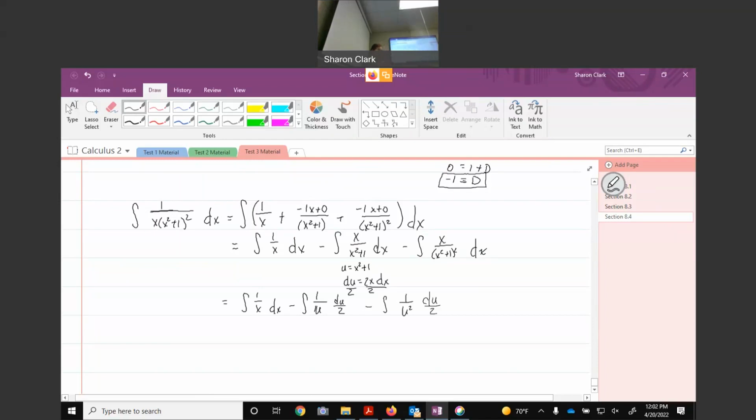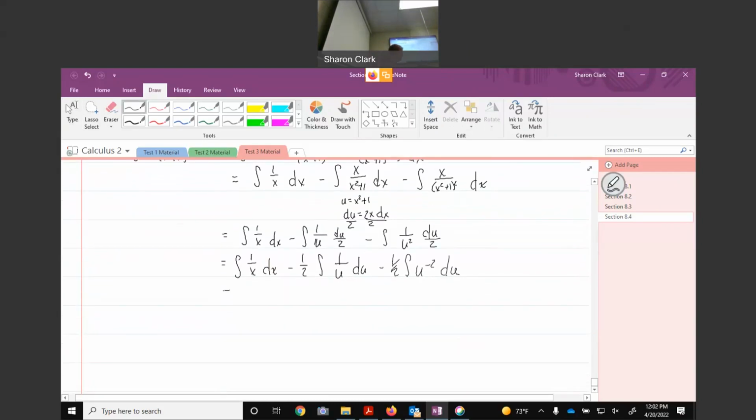So that's the integral of 1 over x dx, which becomes ln, minus 1/2 the integral of 1 over u du, minus 1/2 the integral of u to the -2 du.